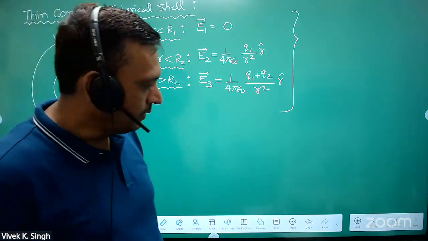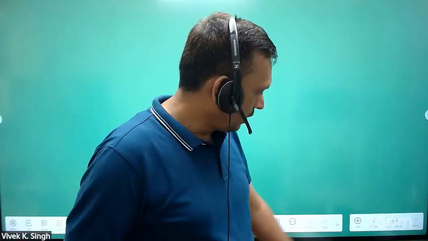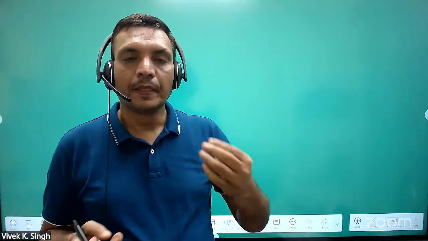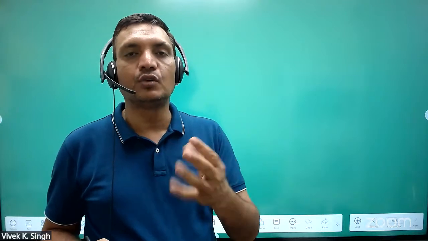Now let's see, till now we have talked about material in which charge is distributed throughout the volume. If charge is distributed throughout the volume, that material is called a dielectric or insulator.